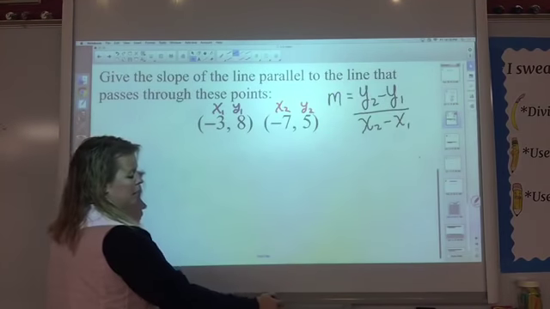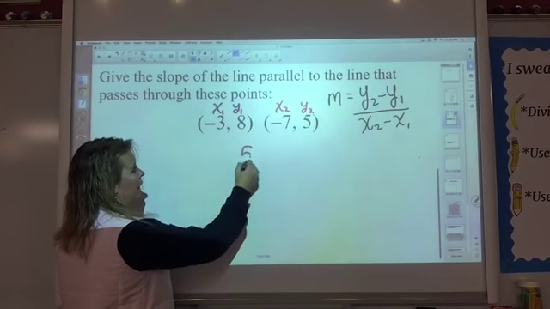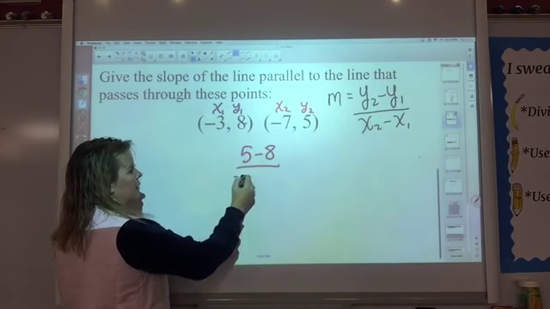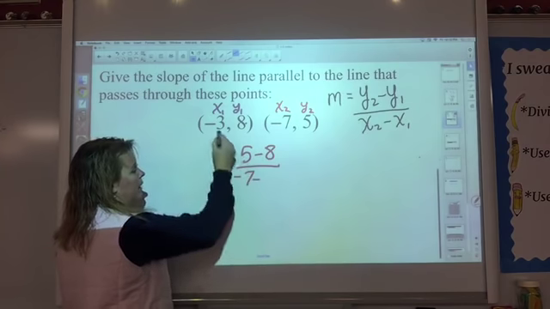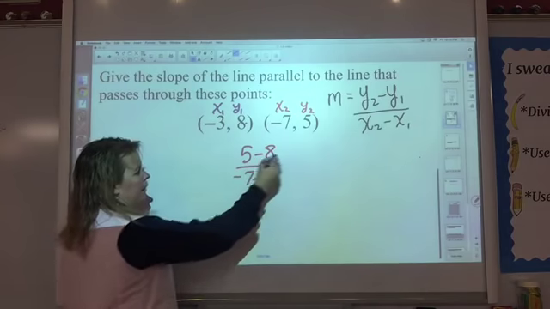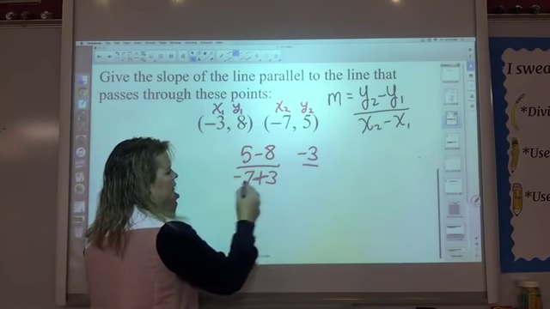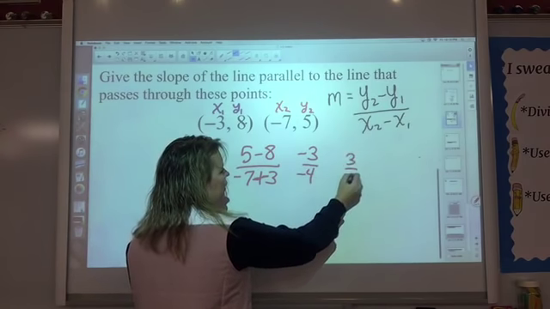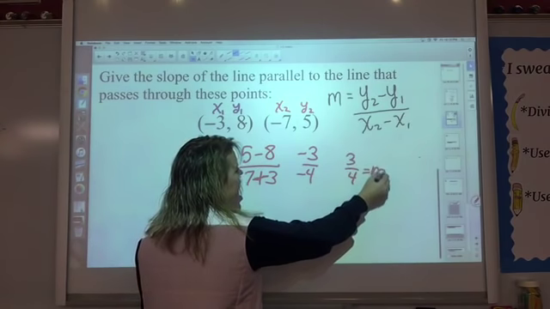If you subtract the two y's, 5 minus 8, subtracting the two x's, negative 7 minus negative 3, we make that a plus right away. Negative 3 over negative 4. Your slope is a positive 3/4.